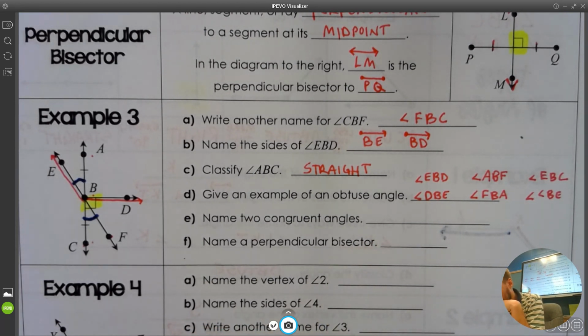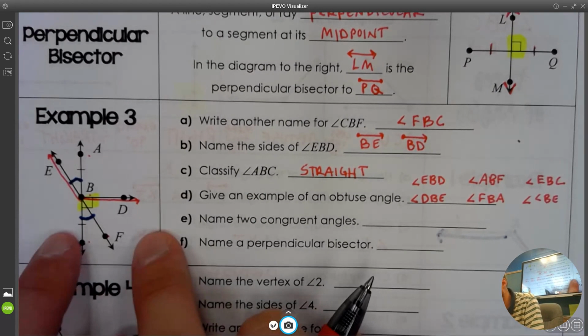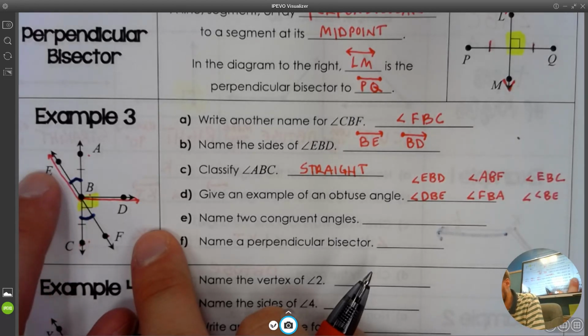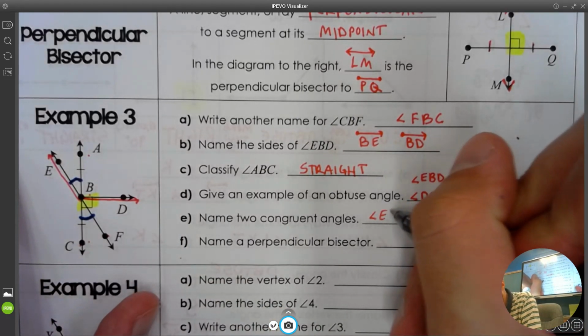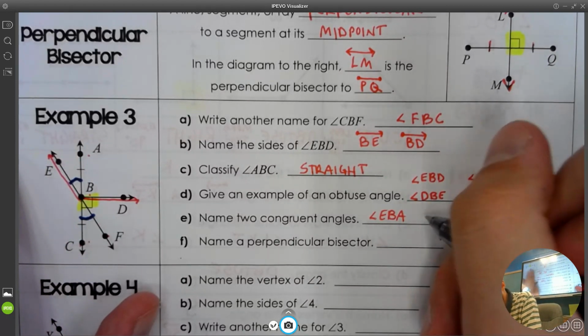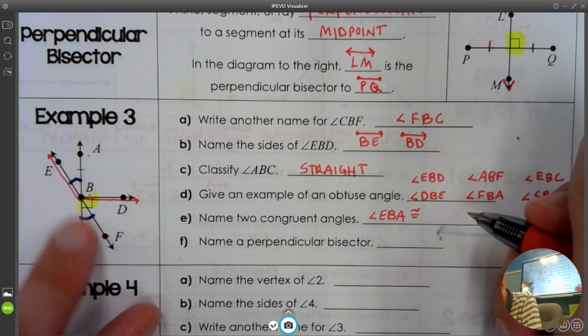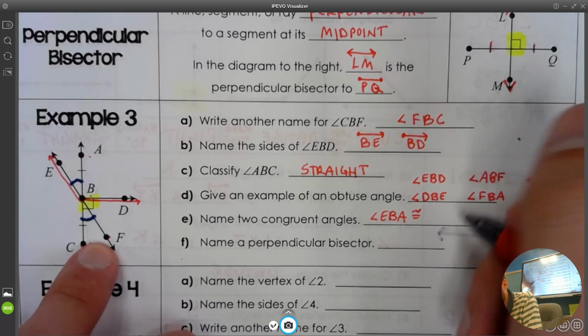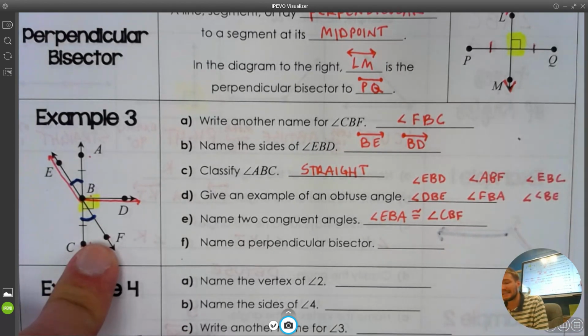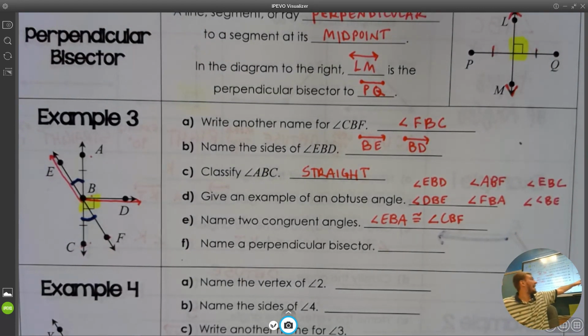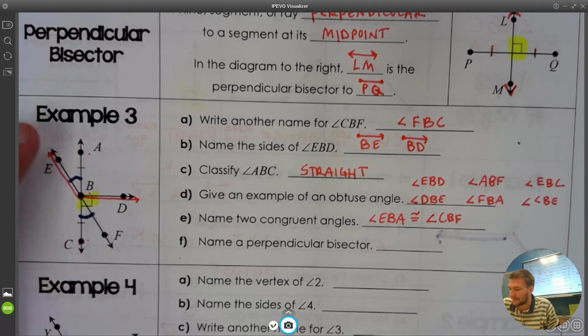I wonder if we can count that. So here's what I would say. The easy answer for me is angle EBA is going to be congruent with CBF. And that's easy for me because literally we have those curves. It guarantees they're the same. ABE, CBF. It guarantees they're the same.